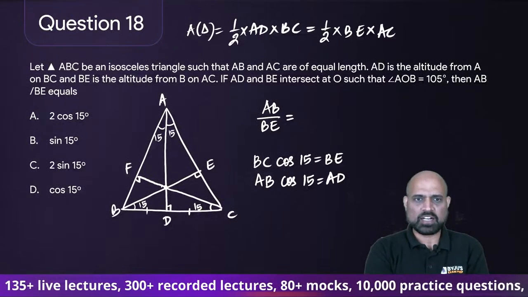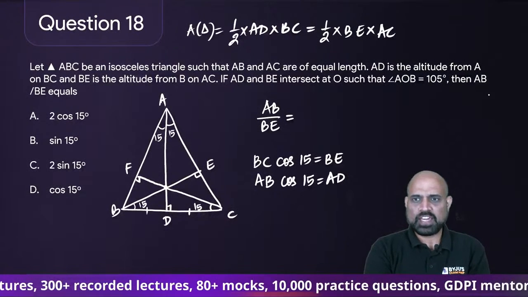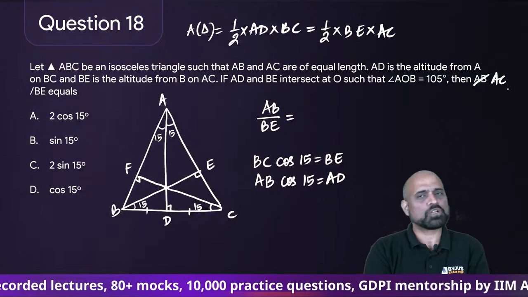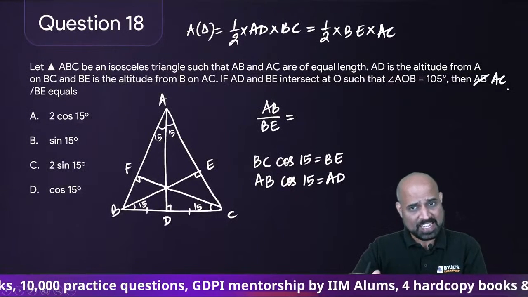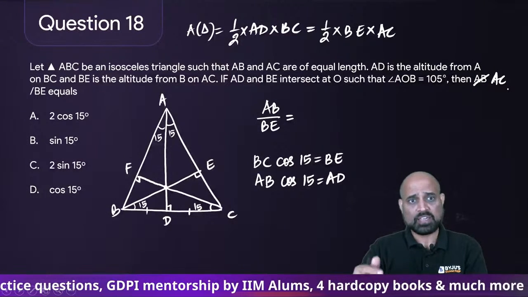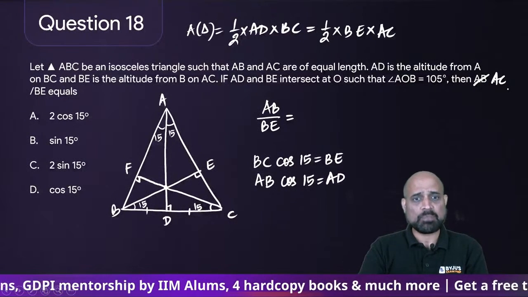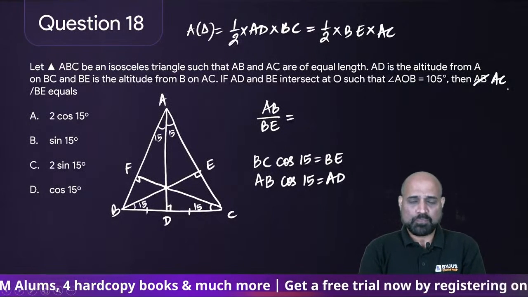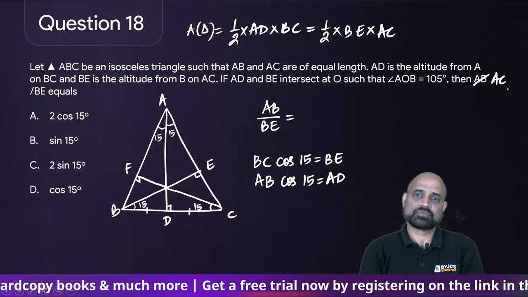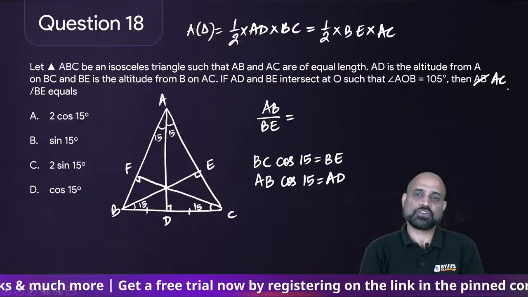So मैं अभी क्या करने वाला हूँ? Instead of AB, I'm going to choose AC because they're of equal length, so it doesn't matter, right? So I have taken AC instead of AB. So I'm trying to calculate AC upon BE. AC upon BE. And we are getting product of AC and BE.